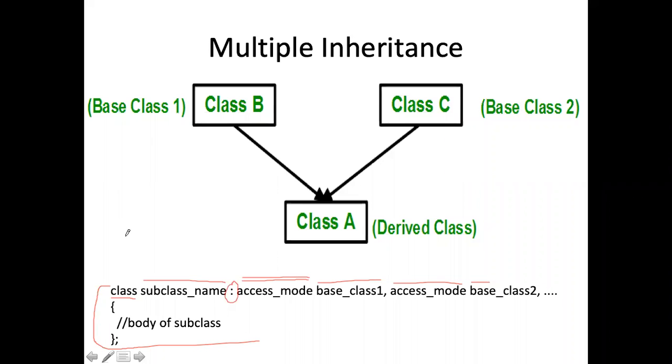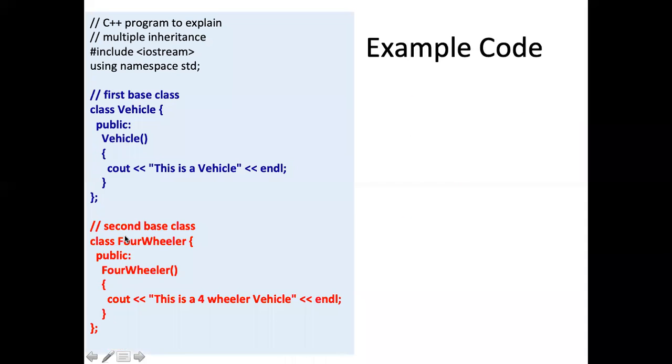Okay, so this is what the syntax for this particular code is. So here is the example code. This is a small piece of code that actually declares two base classes. Vehicle is one base class that has been defined here, right? And you can see that vehicle ke andar you have a constructor which is associated with vehicle, right?